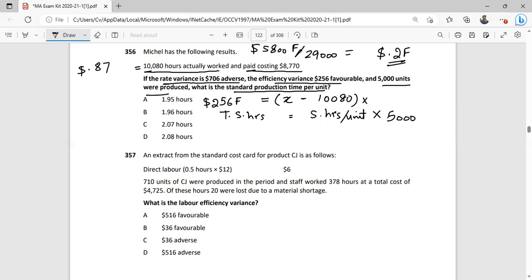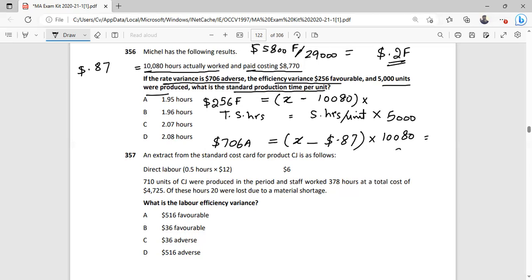So we will calculate standard rate per hour from this rate variance first. Rate variance 706 adverse is equal to standard rate per hour x minus actual rate per hour 0.87, into actual hours worked 10,080. So you will divide 706 by 10,080.